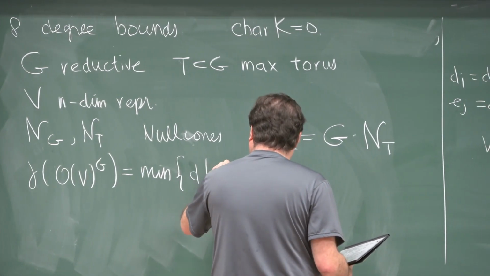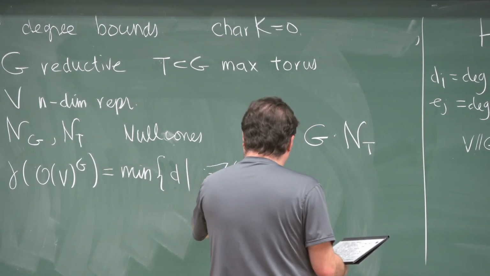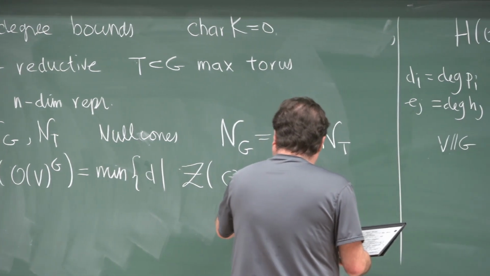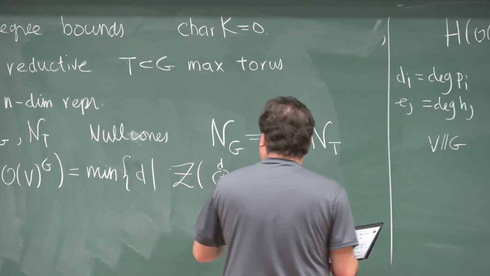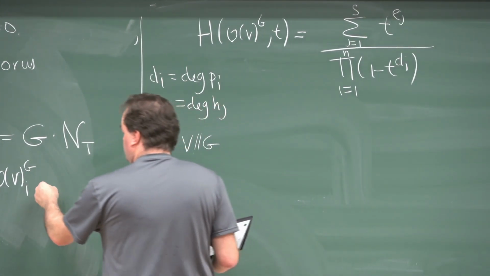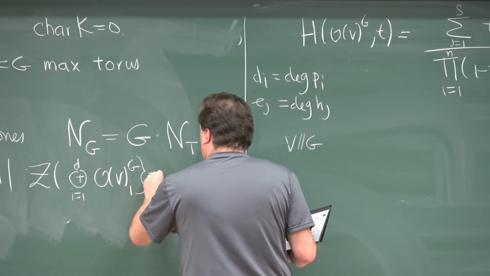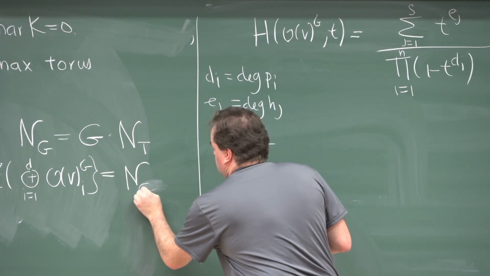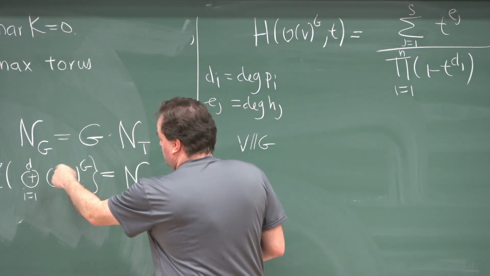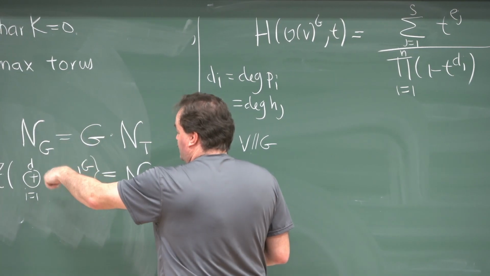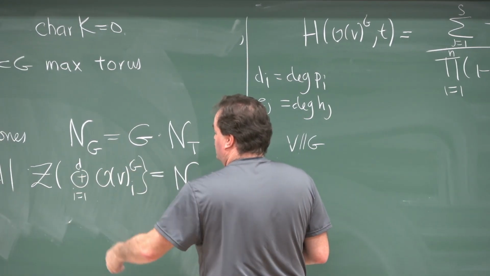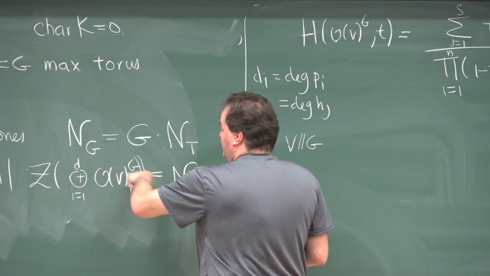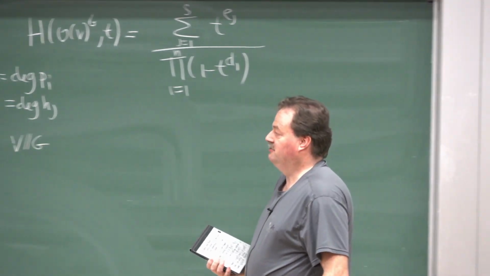It's the smallest d such that if we take the zero set of all non-constant homogeneous invariants up to degree d, then this is the null cone for G. If d goes to infinity, then this is the ideal generated by all non-constant invariants, and the zero set of that is the null cone. But we know there's some finite d for which this is also the case, by Noetherianity.